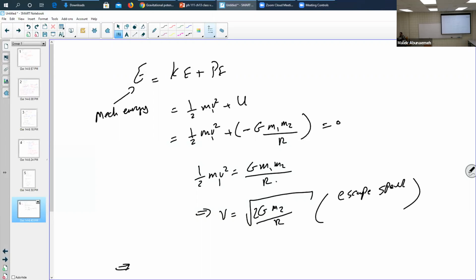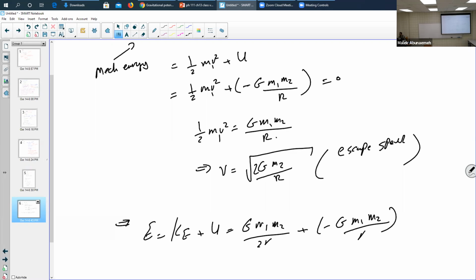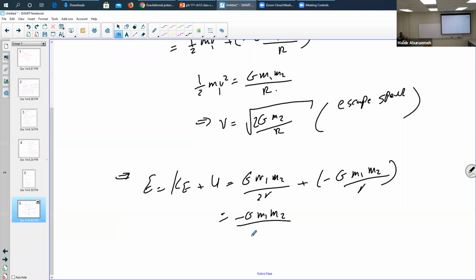So if you actually solve for the energy itself, which is your kinetic energy plus your potential energy, which is again G m1 m2 over 2r for your kinetic, plus minus G m1 m2 over r for your gravitational potential, what you're going to get is minus G m1 m2 divided by 2r.